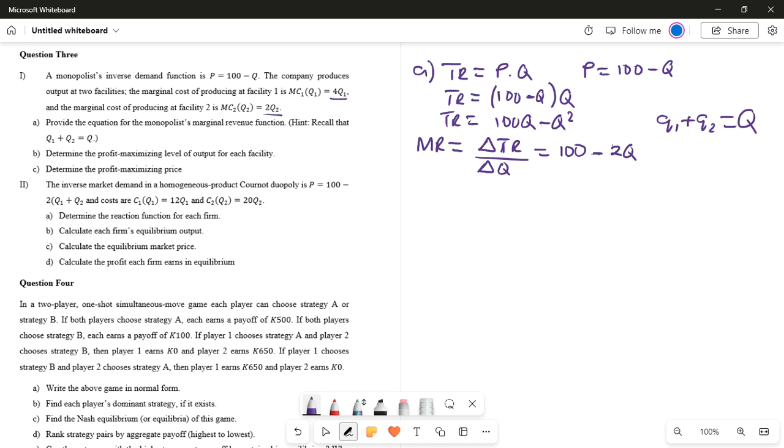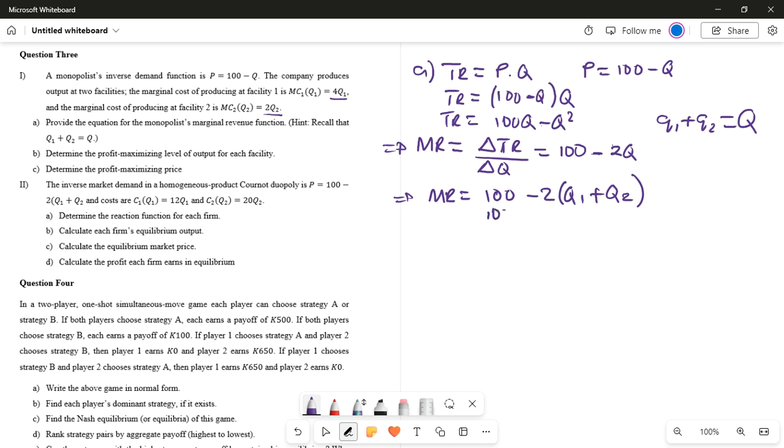So while there is Q there, we can replace that with Q1 and Q2, meaning that marginal revenue is equal to 100 less 2 open brackets, we add Q1 and Q2. There's no difference between this equation and that equation. The only thing that we've done is just substituting. While there's Q, we put what's supposed to be there.